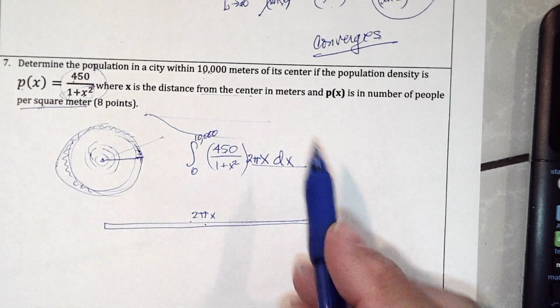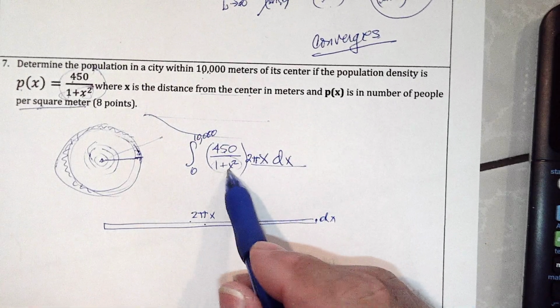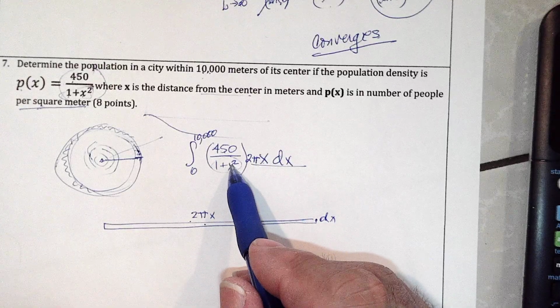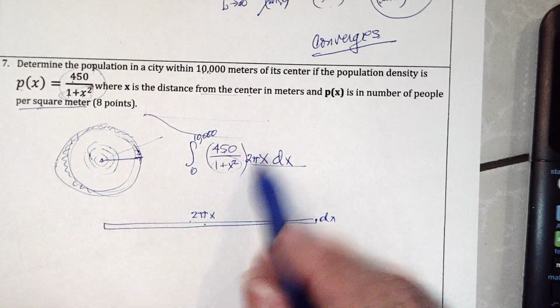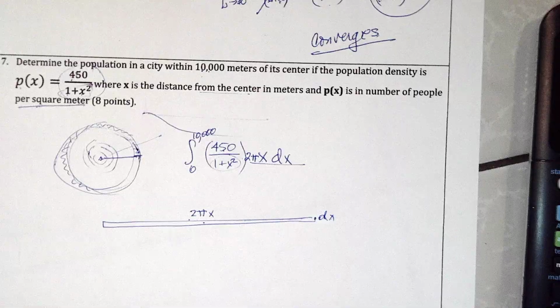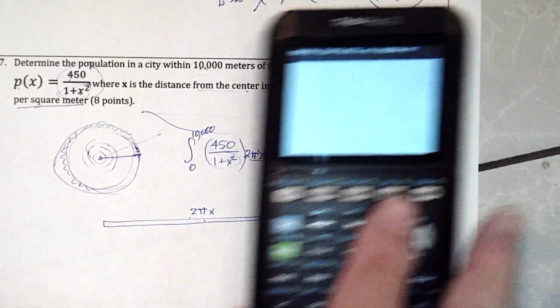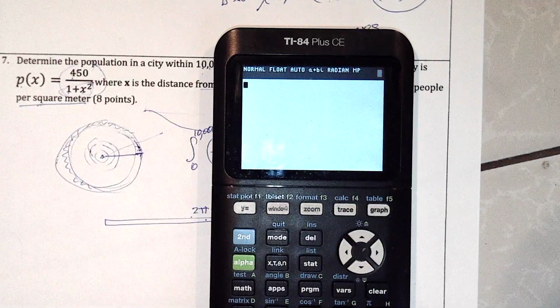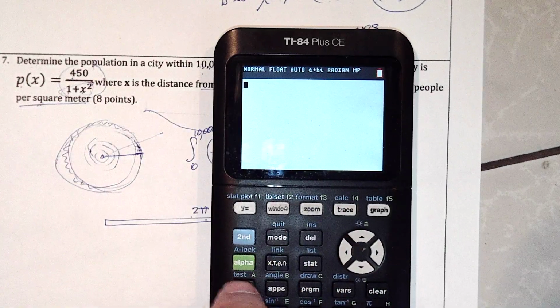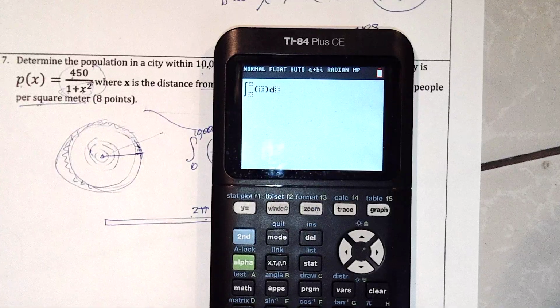Now, to do this problem, you could do a u sub for that, and you'll get 2x, and then it'll cancel the 2x, and this is pretty simple to do with u sub. But I can just also type it into our calculator. Yeah, I know. Math 9.